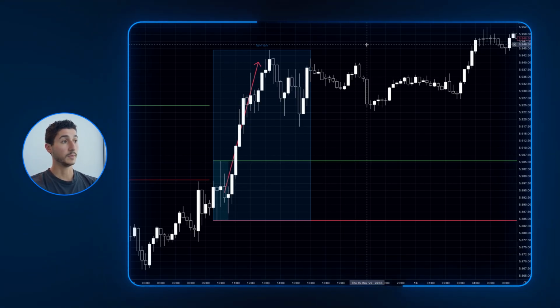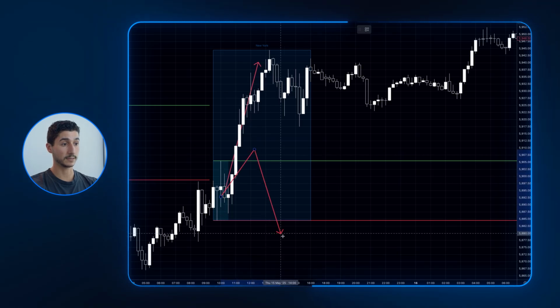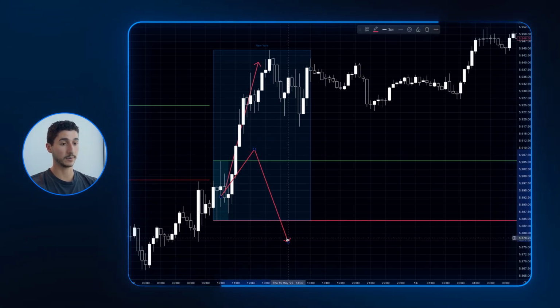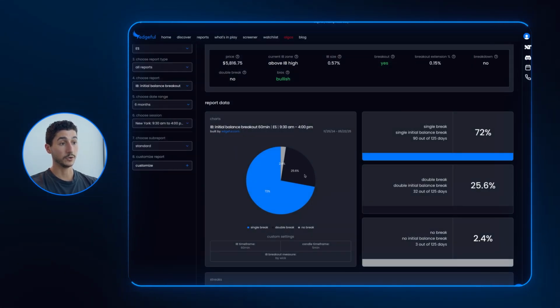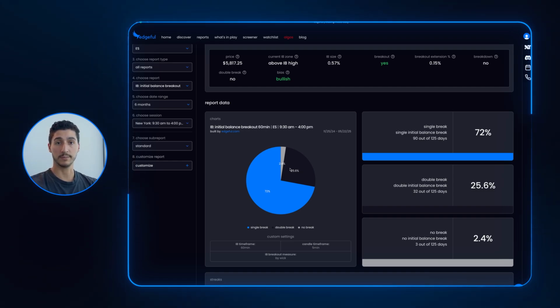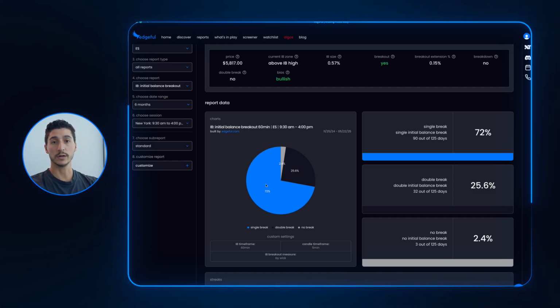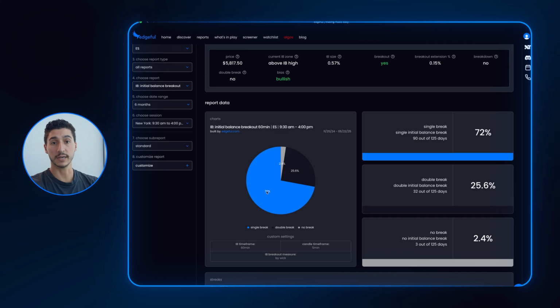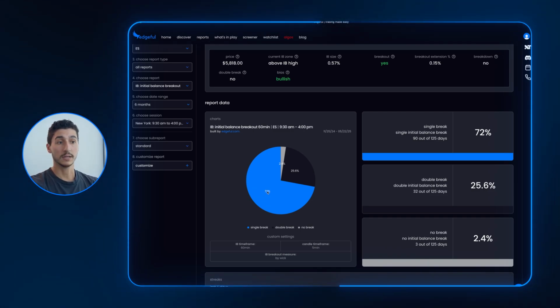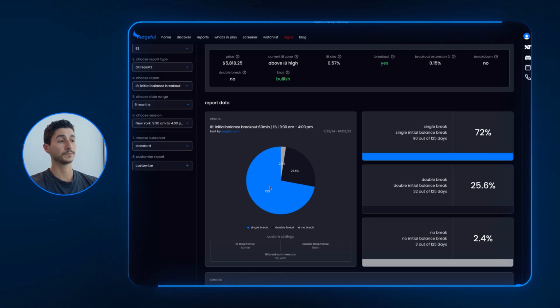Immediately. Because you don't want to expect a double break, because if you go to edgeful, you can see that only happens 25% of the time. This is what an A+ setup looks like. In this case, you take the trades that have high probabilities, like what I'm showing you right now.